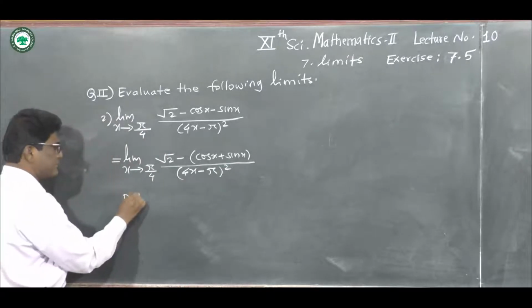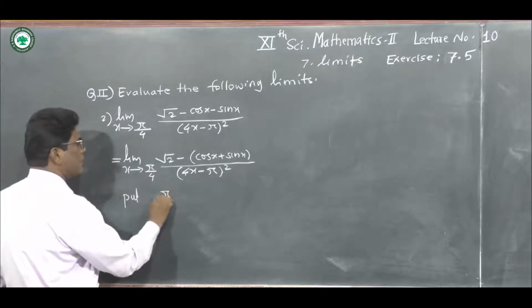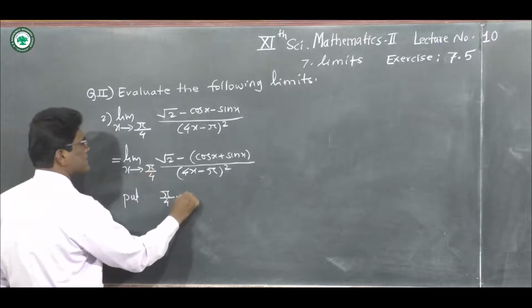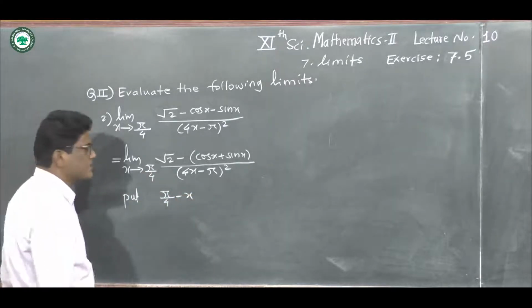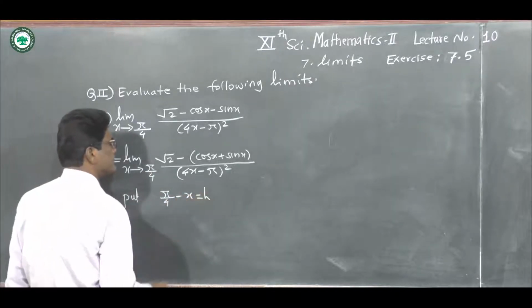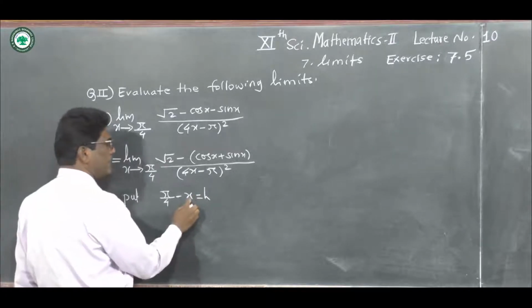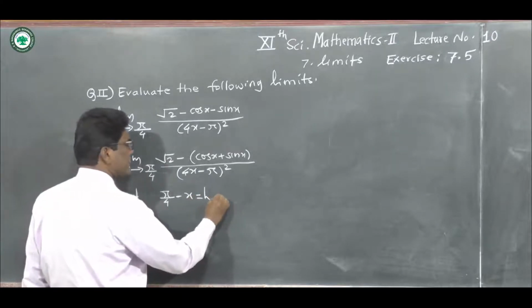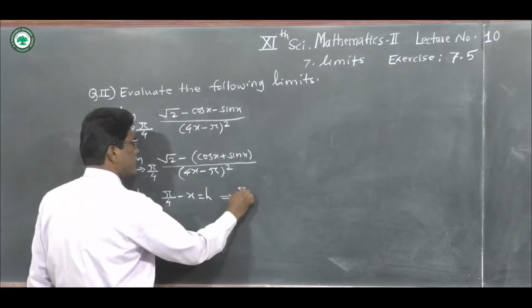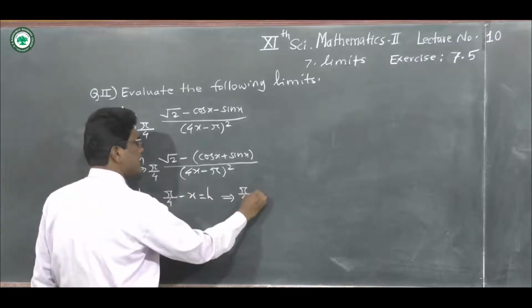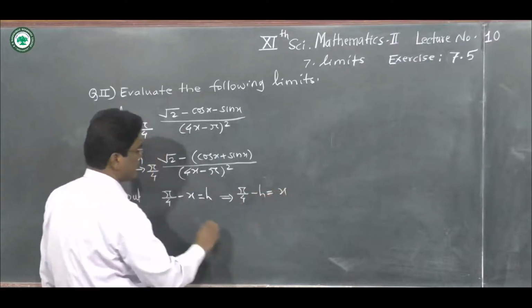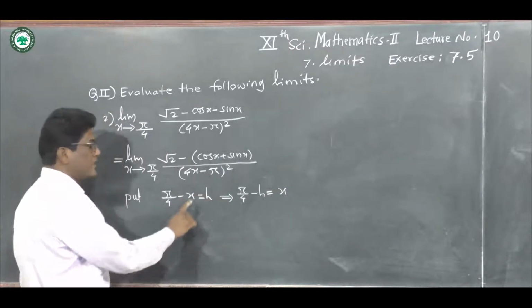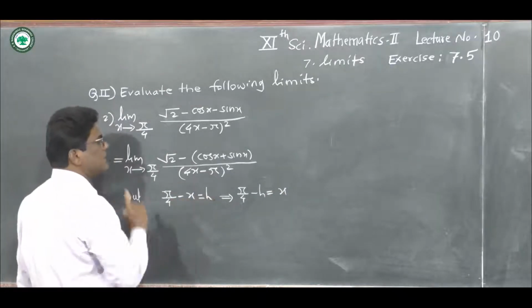Put here pi by 4 minus x equal to h. So from this we can find the value of x, that is, this implies pi by 4 minus h is equal to x. We carry this x and h, x to right side, h to left side.